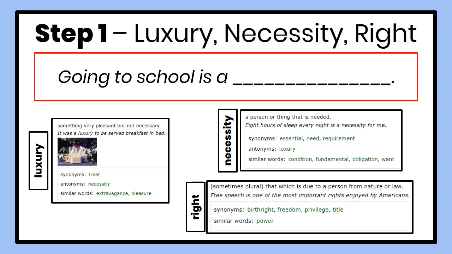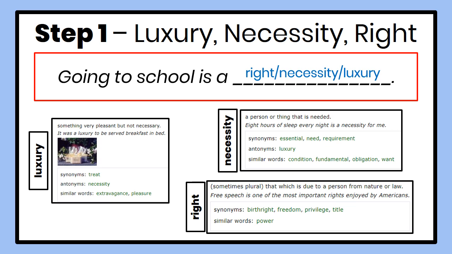Here's our last example. Going to school is a luxury, necessity, or right. What word would you put in the blank? I put all three words because this sentence depends on where you live.